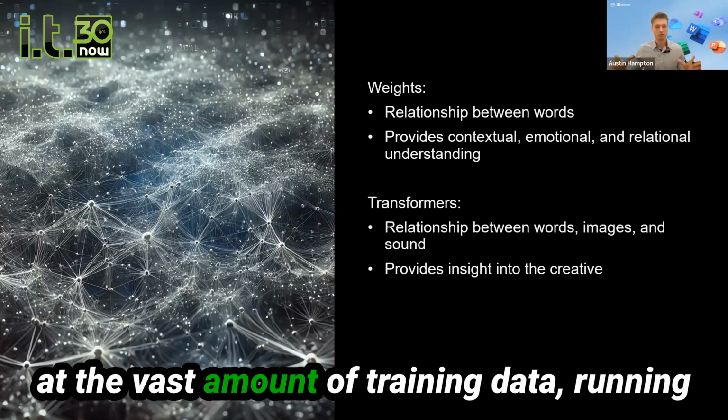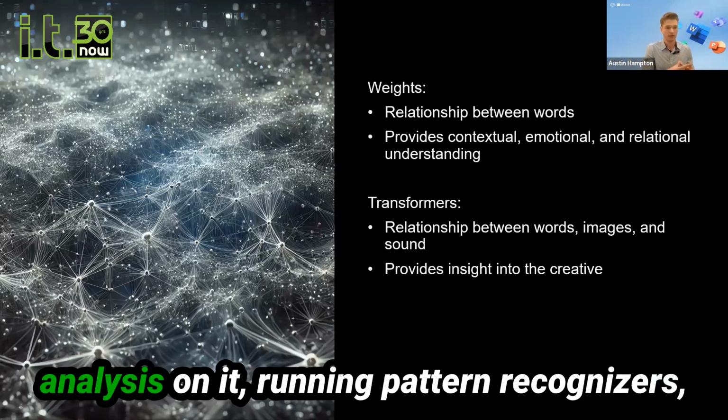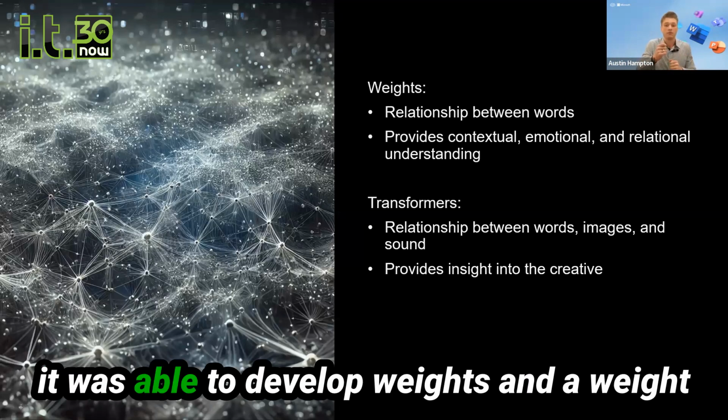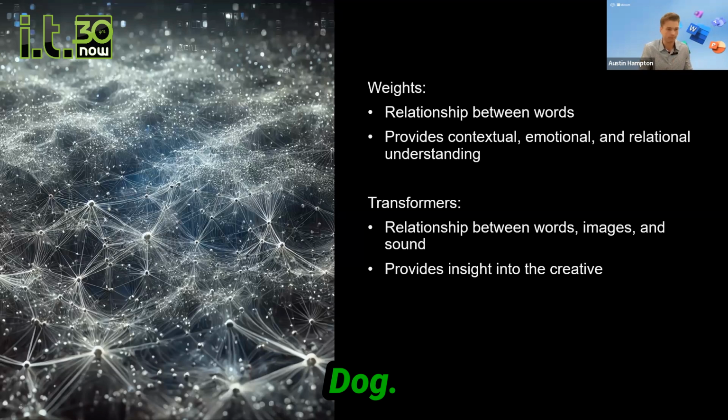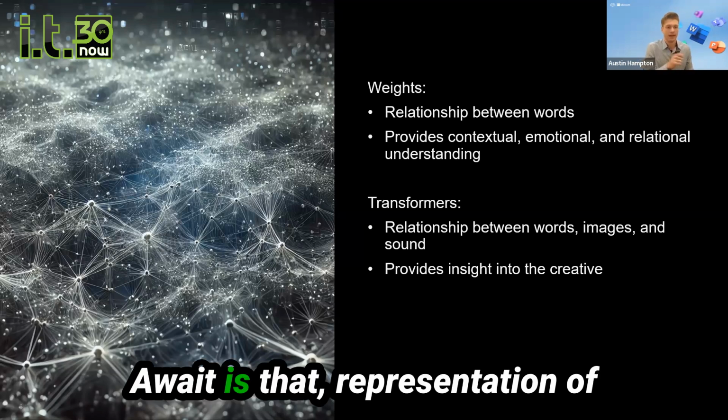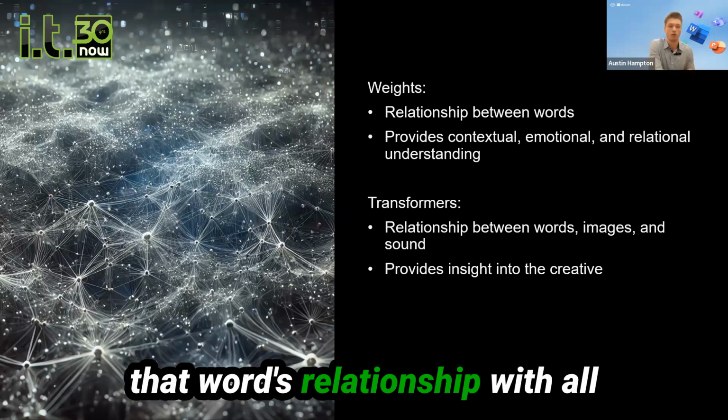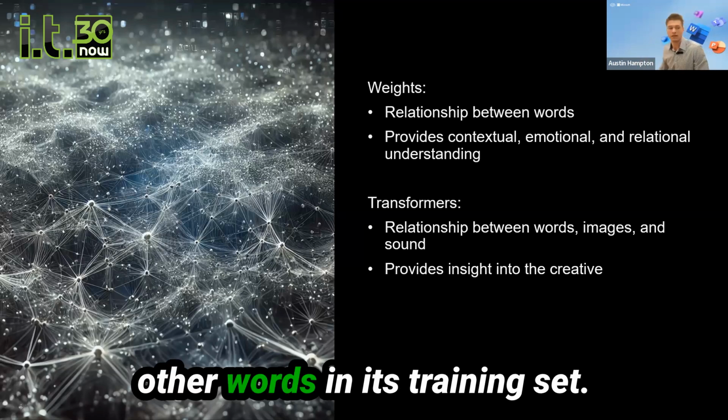What the models do, what is known as a parameter or a weight, is through looking at the vast amount of training data, running analysis on it, running pattern recognizers, it was able to develop weights. And a weight is simply, I have a word in my training set, dog. A weight is that representation of that word's relationship with all other words in its training set.